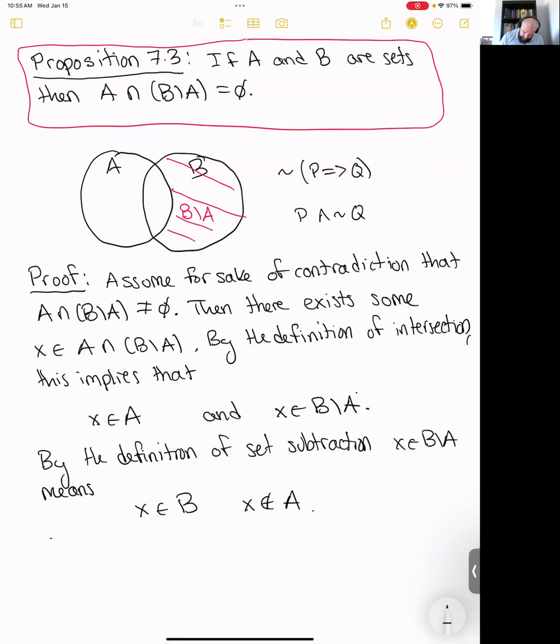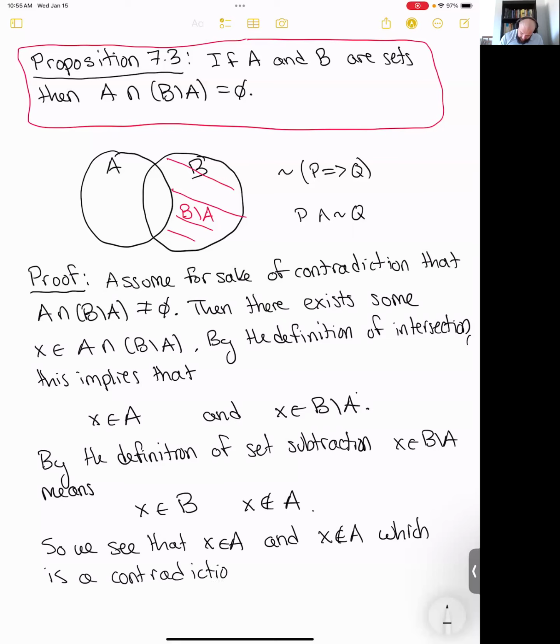And now we're done basically. So we see that x is in A and x is not in A, which is a contradiction. That already is a clear contradiction to the law of excluded middle because you can't be both something and not something. And this is basically what they're saying. You're in a set and you're not in a set. So this is a contradiction.